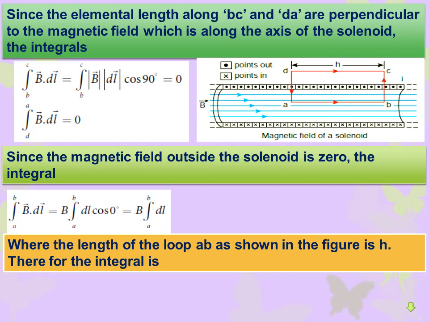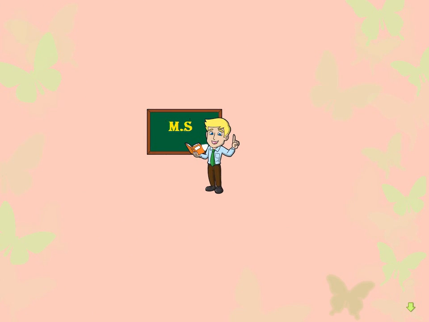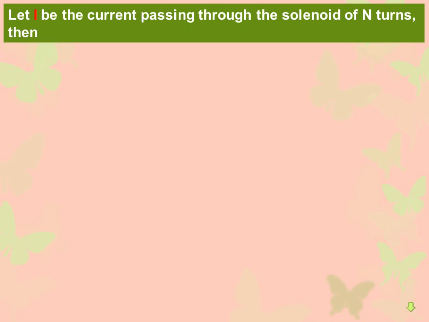Therefore, the integral is... Now let i be the current passing through the solenoid of N turns.